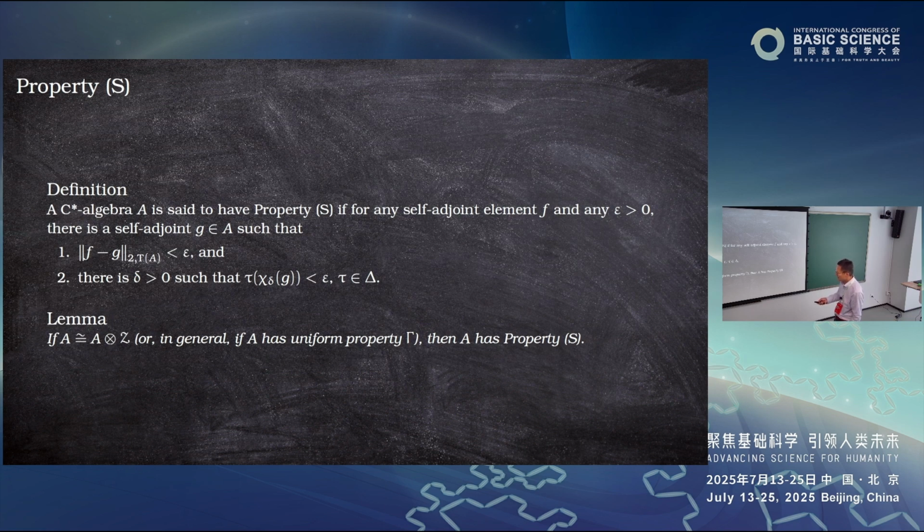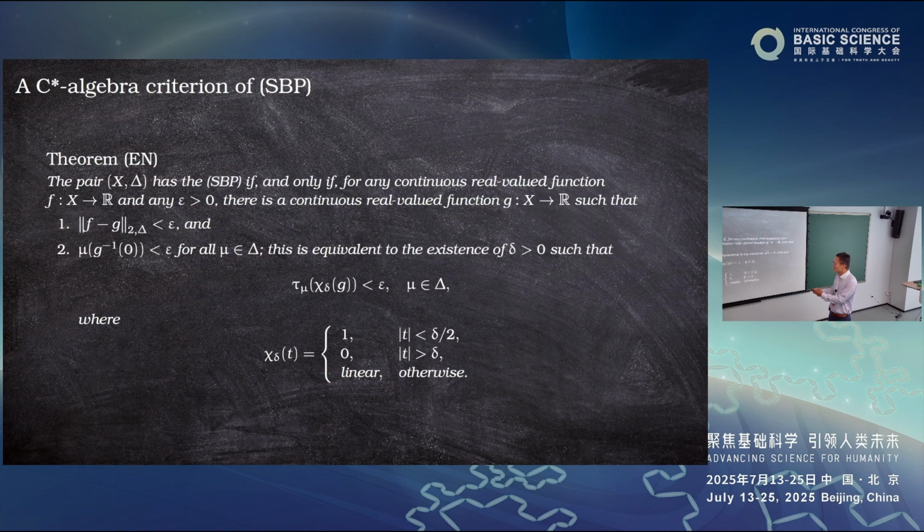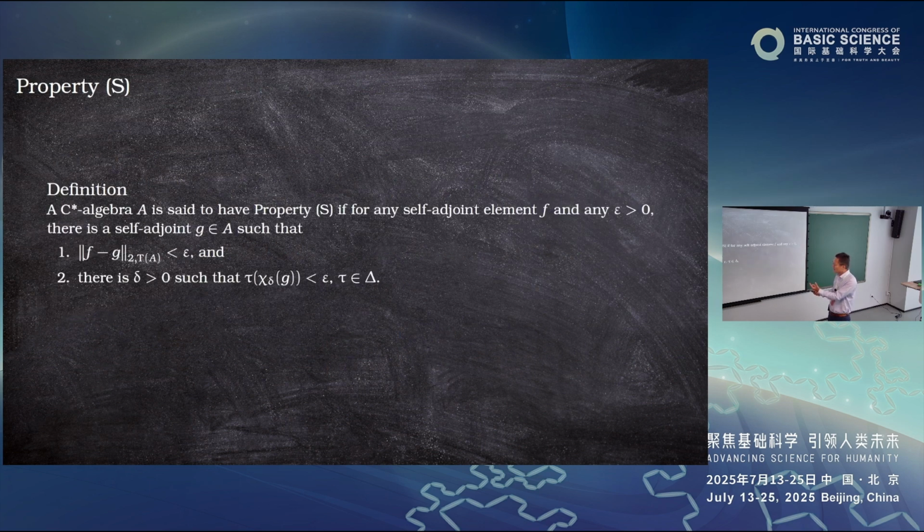And this property looks very similar to the small boundary property, except that the small boundary property is really a property of the Cartan subalgebra, and this property S, the abstract analog, is a property of the big ambient algebra.